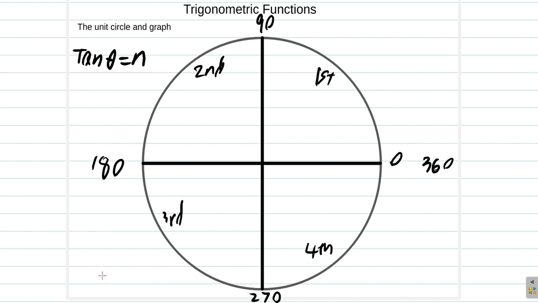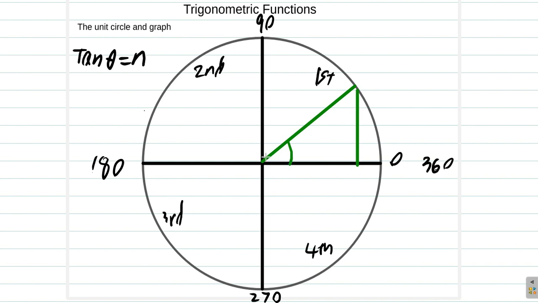Now, remember, the tangent of an angle, opposite divided by the adjacent. Remember that it applies to a right angle triangle, right? So suppose we consider this triangle here. So we have this angle.